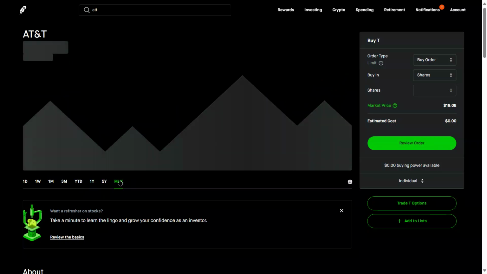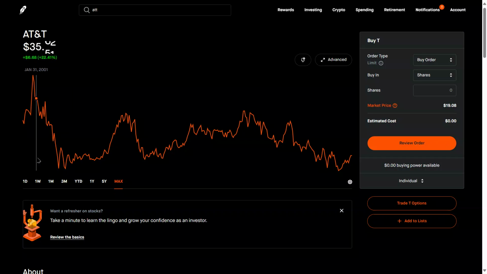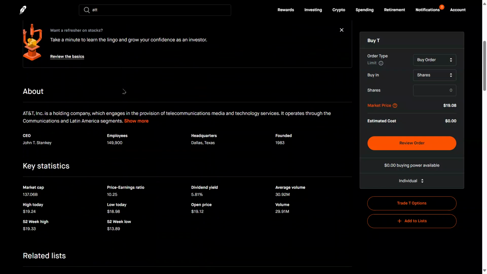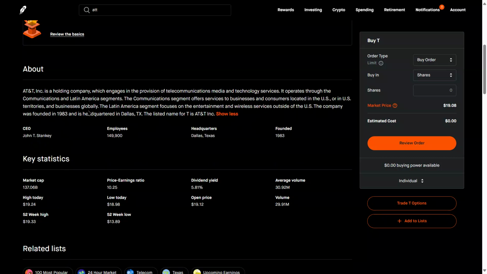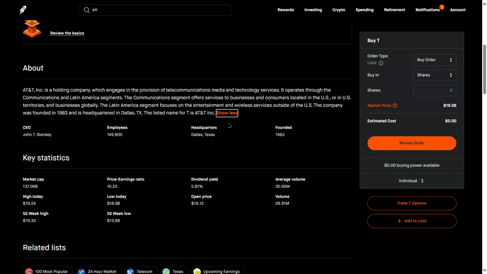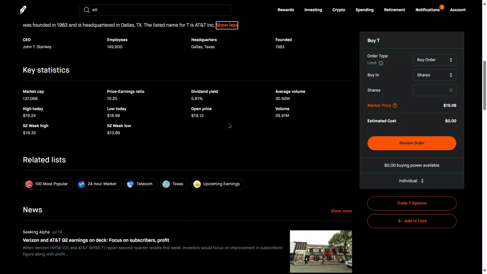And this stretches all the way back to the year 2000, the whole chart. Okay. It tells you about the company. You can find information about them there.